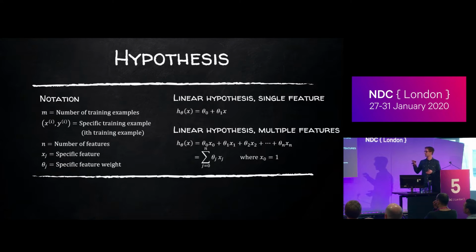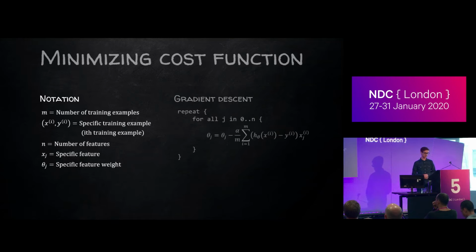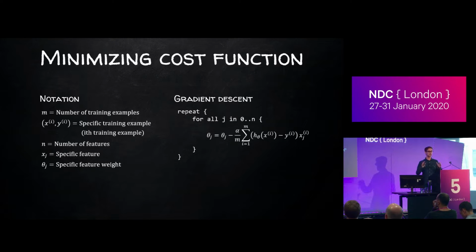And for each feature, there is a feature weight. So for all these x's, we have a theta. And as I said, when we minimize this cost function, we get the best possible values for all these thetas, and that is our goal.